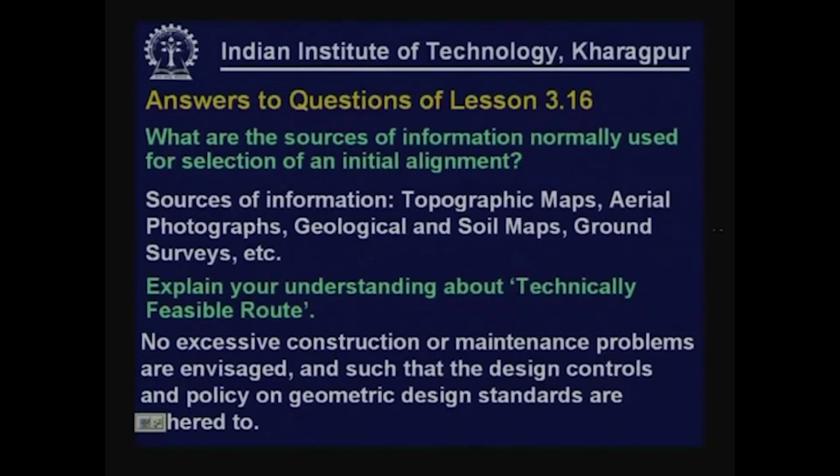That means, we have to satisfy the requirement of design controls, whatever should be the curve, super elevation, angle, grade, all aspects are to be satisfied without major construction and maintenance cost. Then we will consider that alternative as a technically feasible route. Thank you. That completes our discussion about the 3.16 lesson, and also with this we close this module.